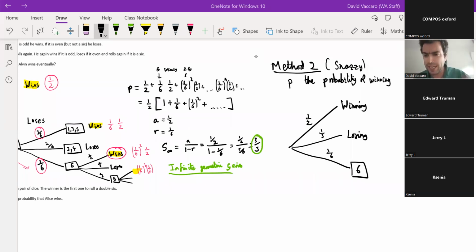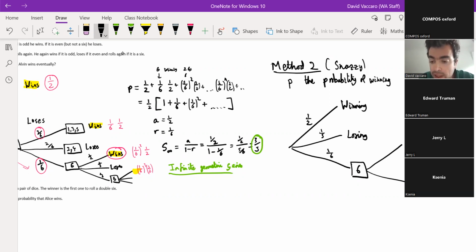Alvin is just in exactly the same position as he was before he even started playing. So what that means is that the probability of winning from having rolled an initial 6 is just P.